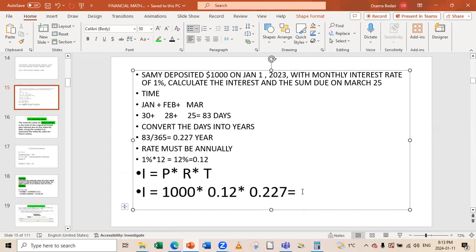Here it is, dollars. Then Control and V, $27.24. Okay, this is the interest.